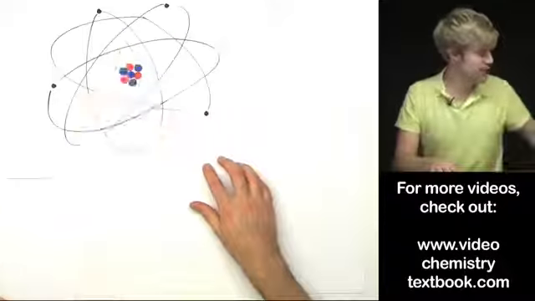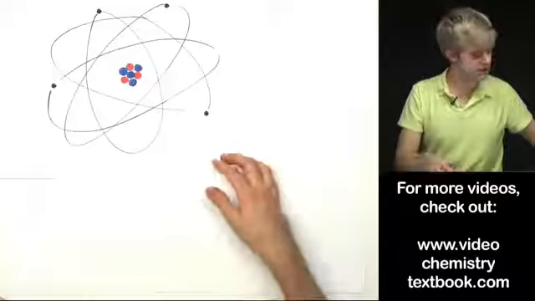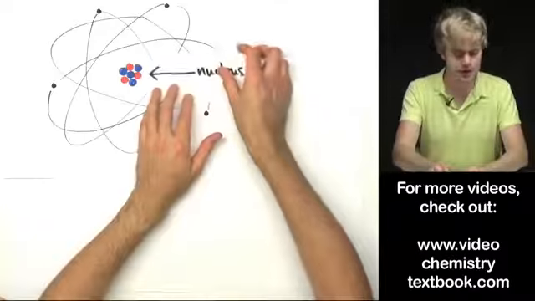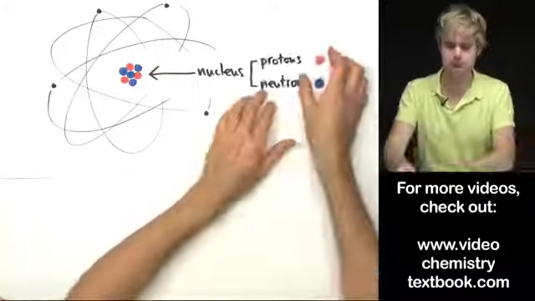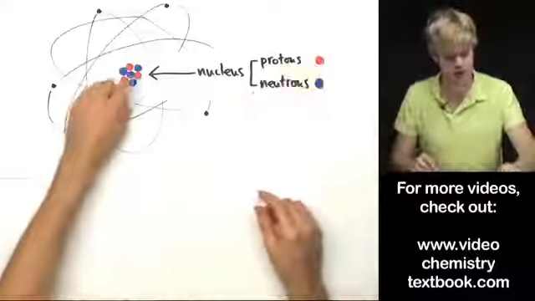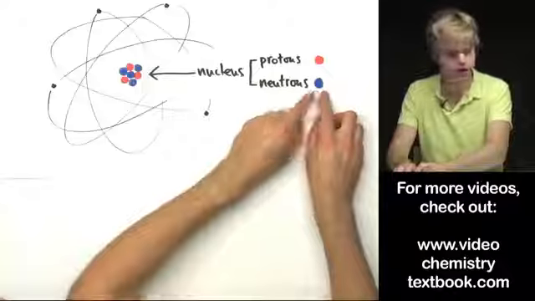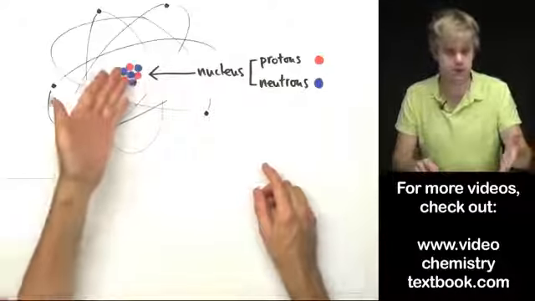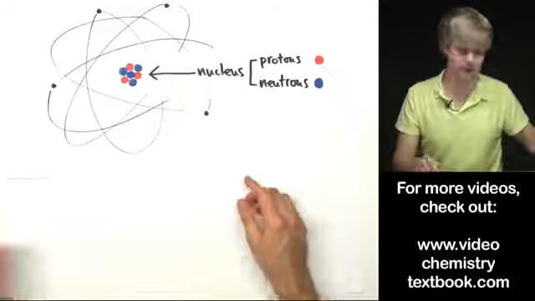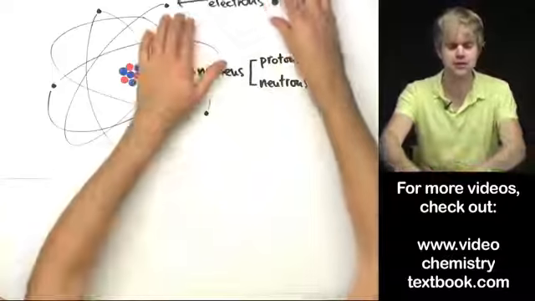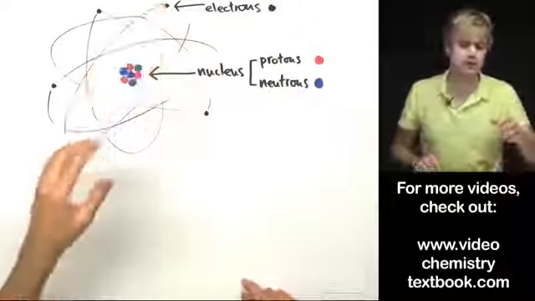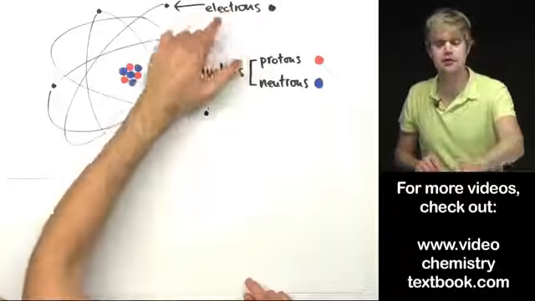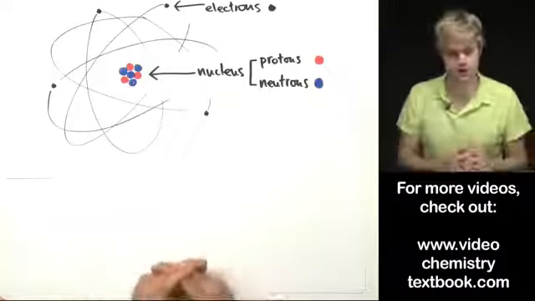So in the center of the atom is something called the nucleus. And the nucleus is made up of two tiny particles. There are protons, which I've drawn as red circles here, and then there are neutrons, which I've drawn as blue circles. Nucleus is here in the middle of the atom. And then on the outside of the atom, there are these little black circles that I'm using to represent electrons.